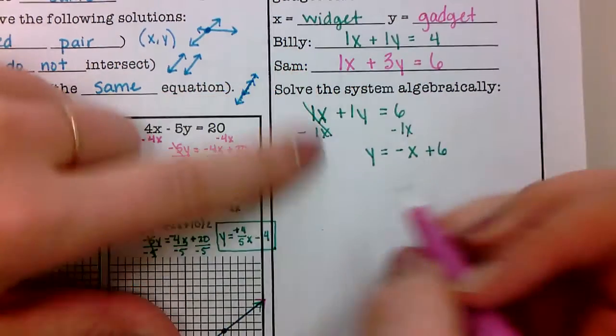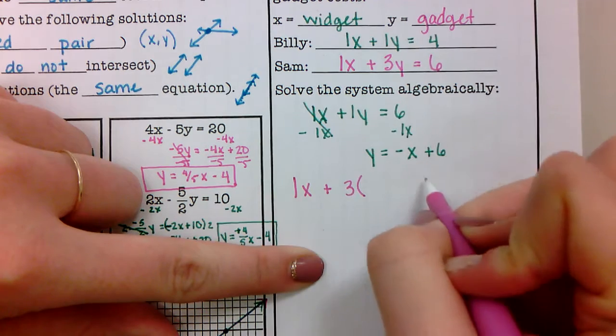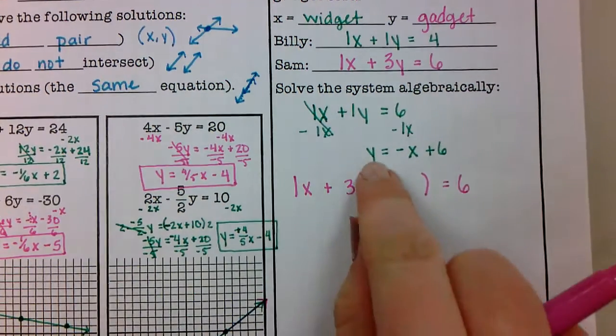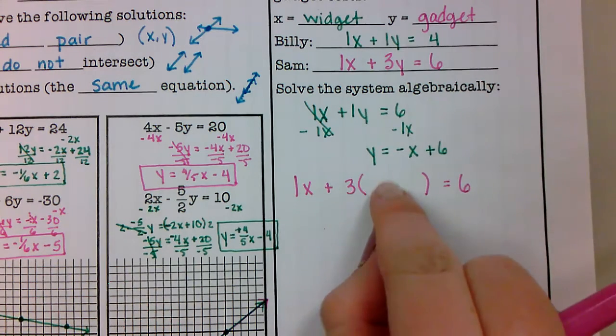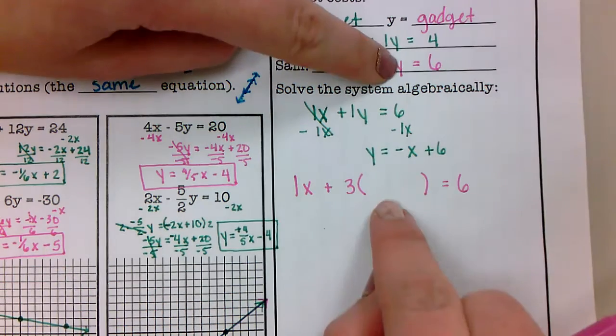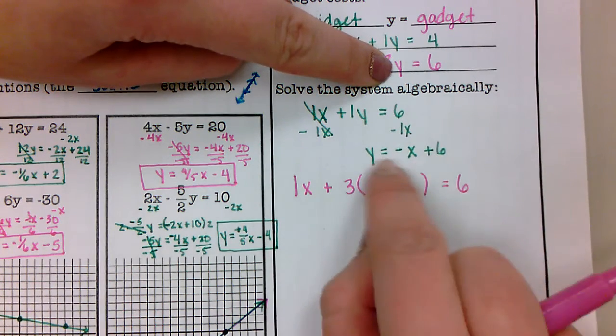So now in Sam's equation, 1x plus 3y equals 6. Instead of writing the y, if I know that y is this, I can replace the y that's in his equation with this. See how his equation has a y here? But we know that y equals this, which means these are the same things.